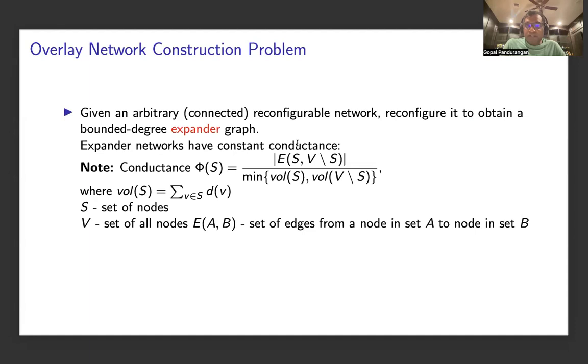As you know, expander networks are graphs which have constant conductance. Just to recall, the conductance of a subset S is simply the ratio of the number of edges leaving the subset to the minimum of the volume of the subset and the volume of the complement subset. For expander graphs, this conductance is constant for every subset.